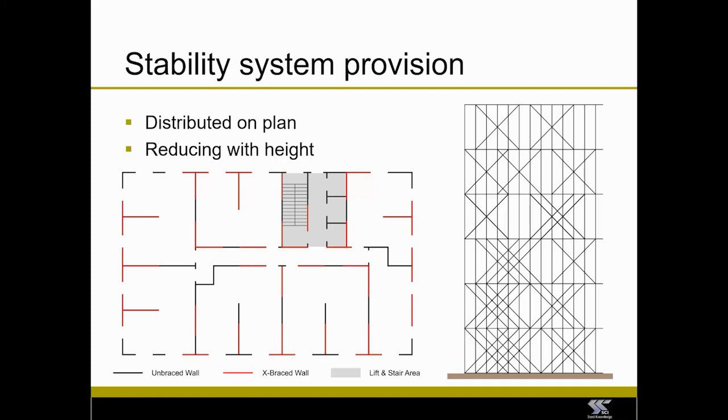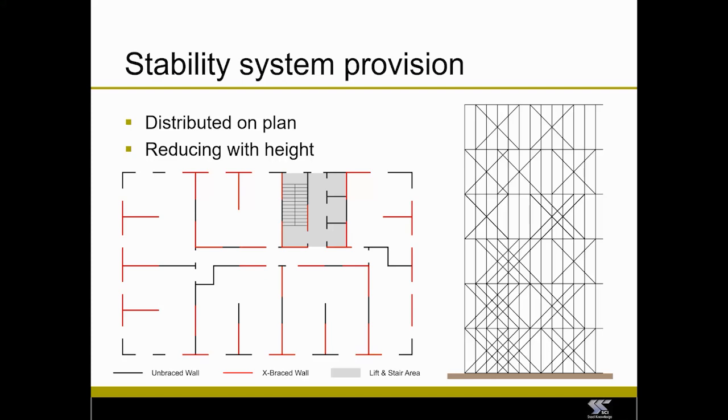So obviously with X bracing and any sort of bracing in the wall, it's only going to work where you've got solid wall. Where we've got doors and windows, obviously we can't really provide bracing or stability systems in those locations. But as you can see, the red is widely distributed over the plan footprint of the building.